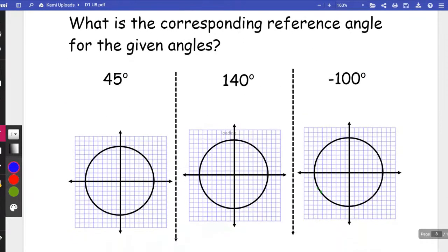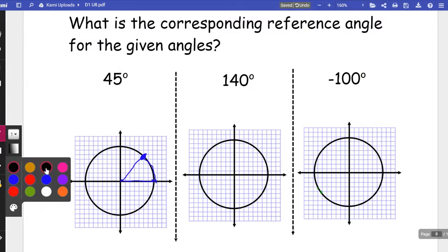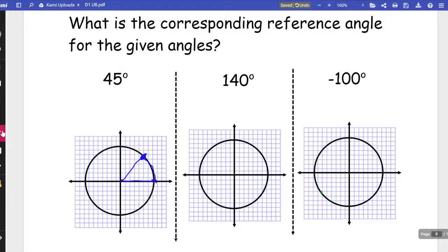Here are some angles we could find the reference angle for. So first of all, 45 degrees, we could draw that angle first. And 45, that's like right here. So that's this angle. Now, one important thing to realize is the only x-axis angle measurements we're always going to be referring to, no pun, are 0 degrees and 180 degrees. 45 is pretty close to 0.